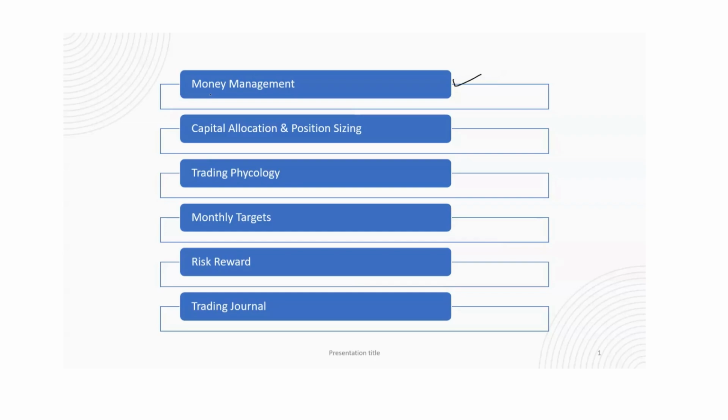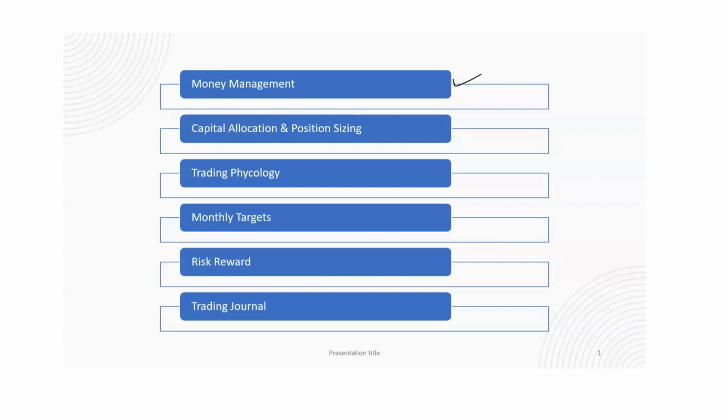Let me talk about straddles or even iron fly. Whenever you enter an iron fly or straddle, say you put 30% of your capital into the straddle, and all of a sudden the market becomes volatile. You are not panicked because the SL is not reached for your overall capital.